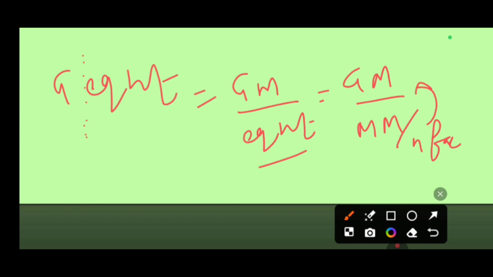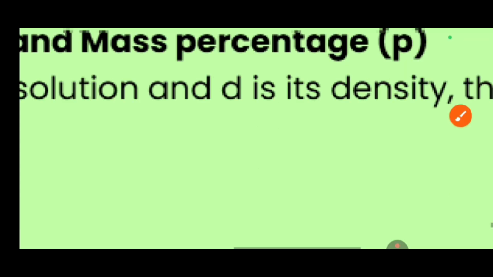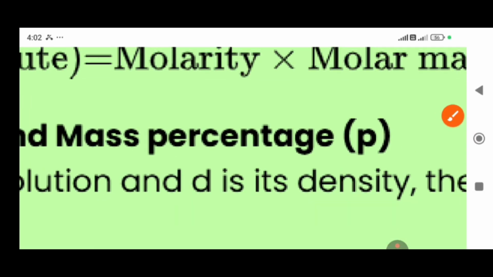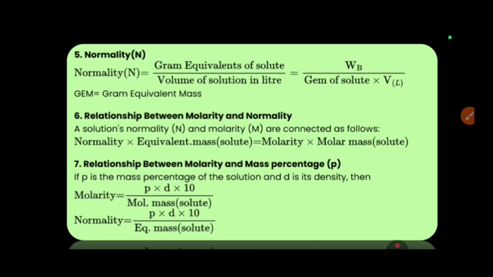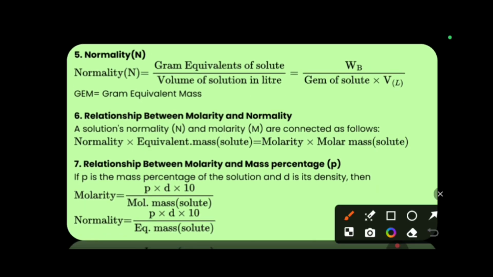So gram equivalent weight is equal to given mass multiplied by n factor divided by molar mass. This is the expression for gram equivalent weight. Then divide by volume of solution, put in the values, and you can get the answer.